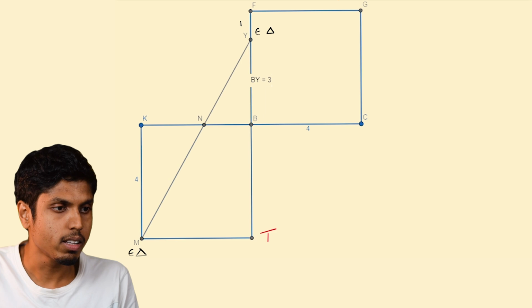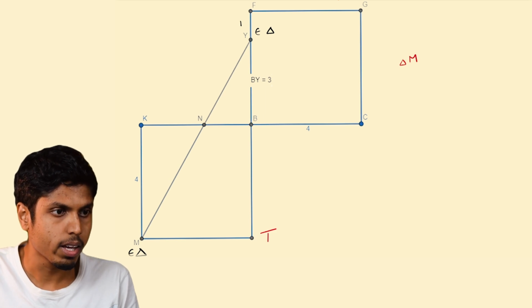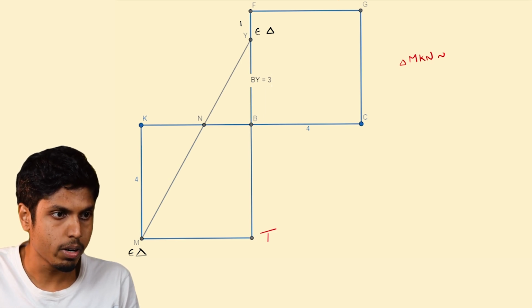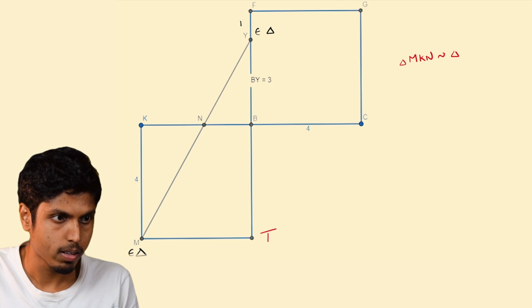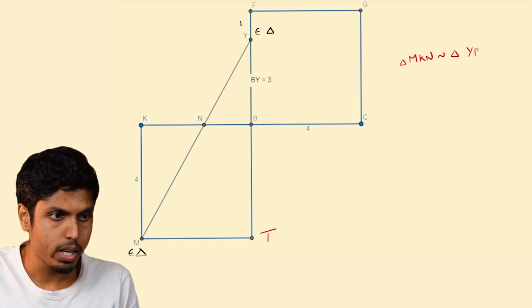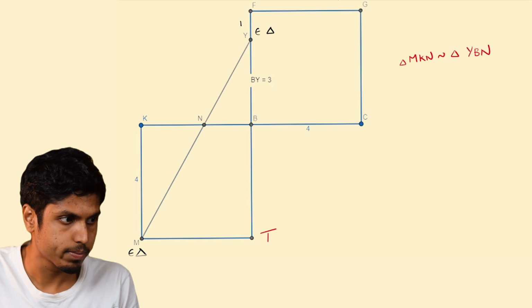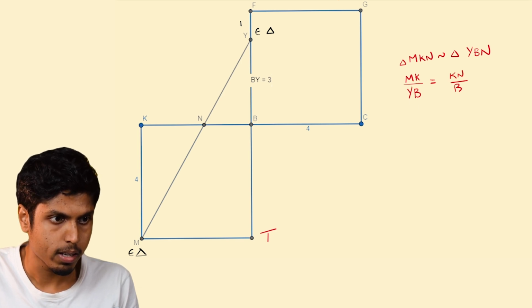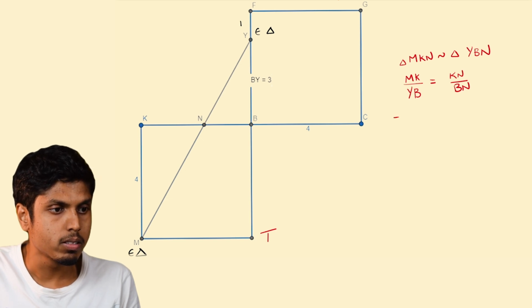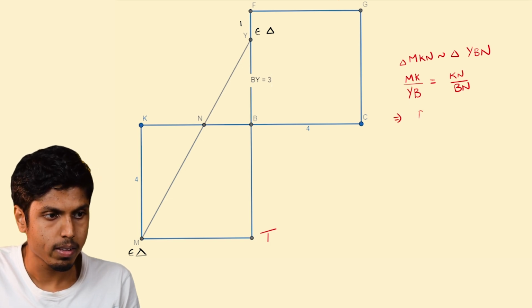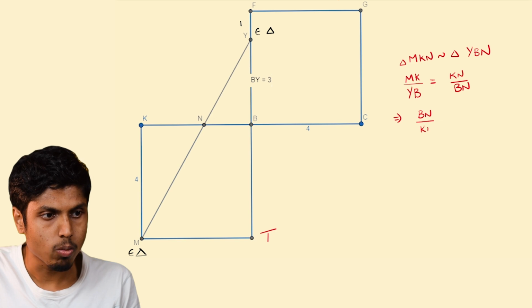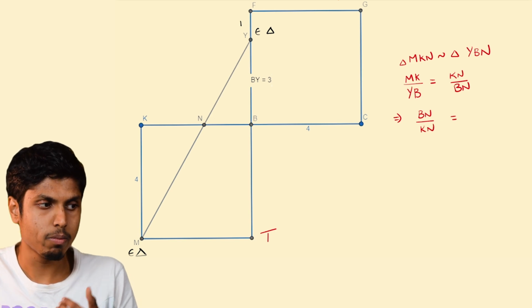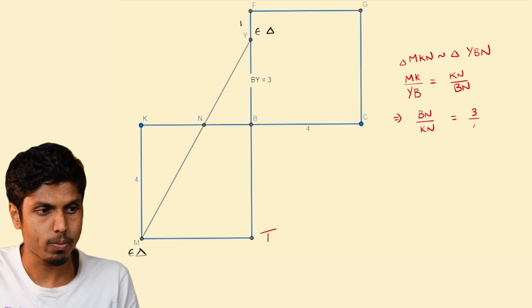So let's write out the similarity. We get triangle MKN is similar to triangle YBN. Thus, MK by YB equals KN by BN. So we get that BN upon KN equals YB by MK, which is 3 by 4.